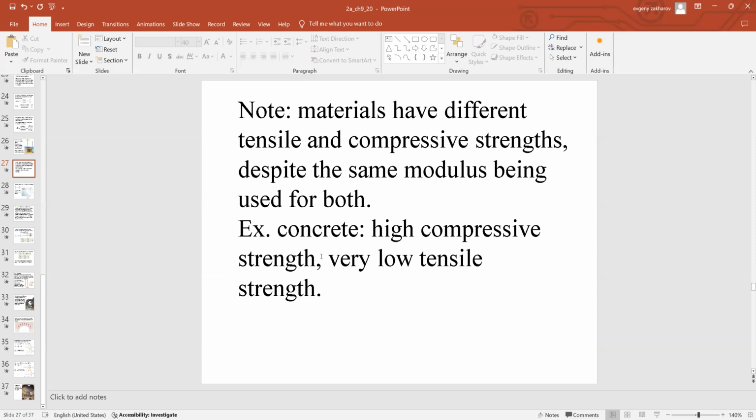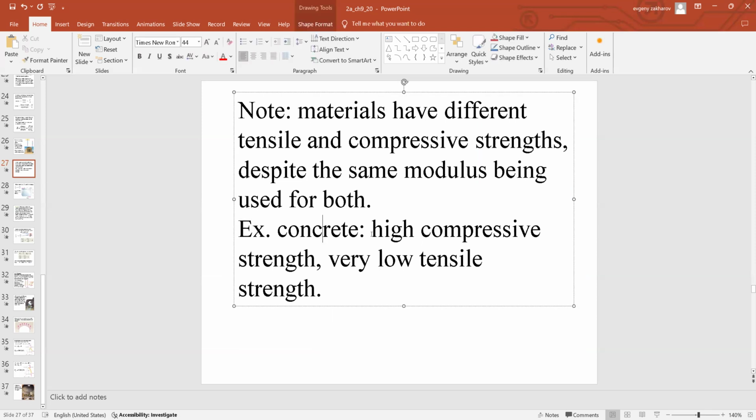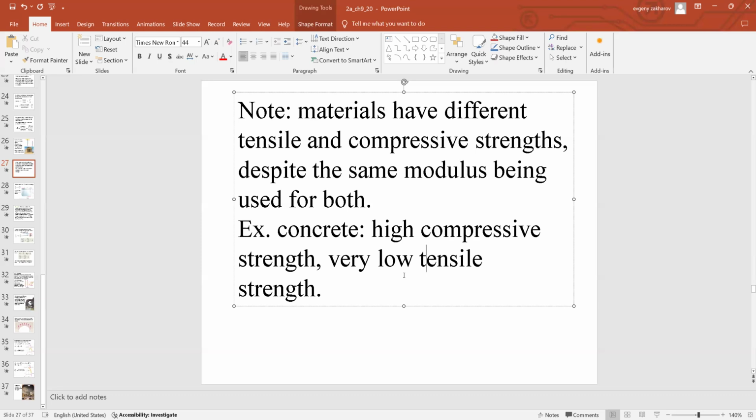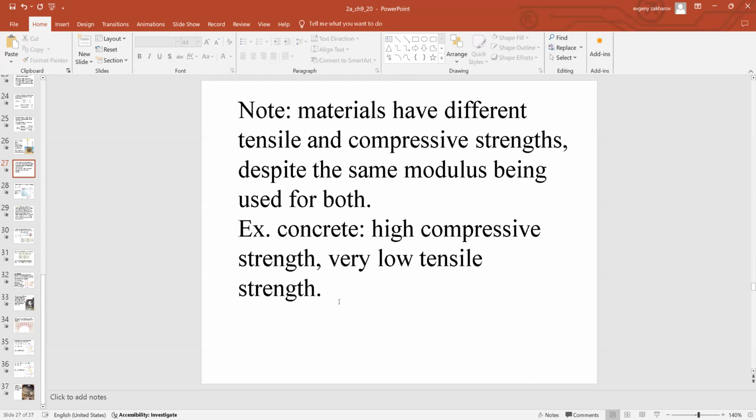Yeah, so depending on the material, it can be either high compressive strength but very low tensile strength, or vice versa. You pick the materials based on those strengths. And our freeways specifically, they are made of concrete because it can withstand a lot of compression.